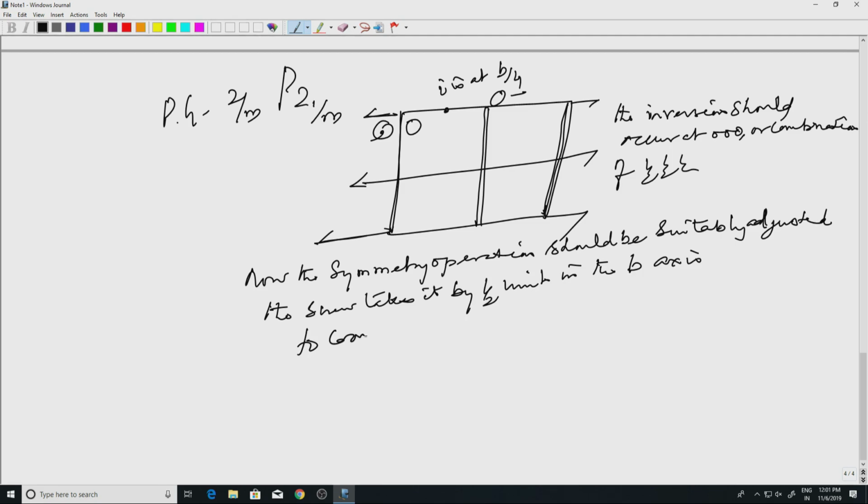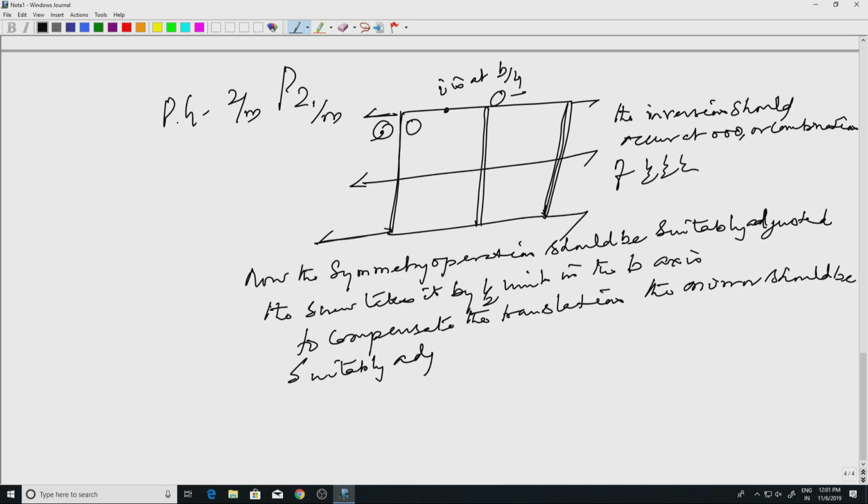To compensate the translation, the mirror should be suitably adjusted to get the inversion at the appropriate place.